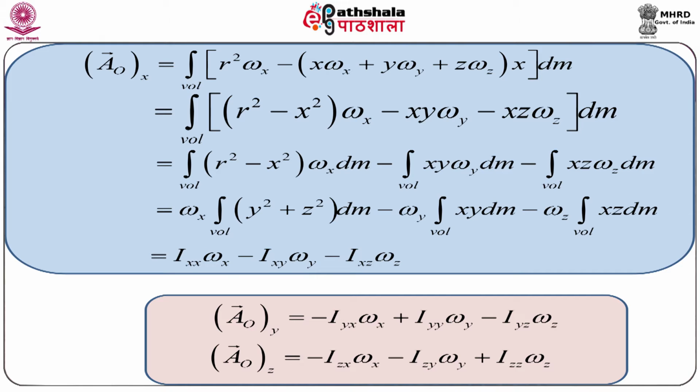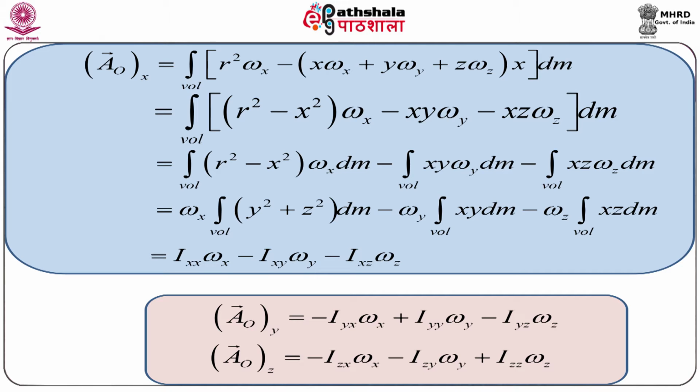In that case, we have angular momentum A vector suffix O, that means we are taking angular momentum about the point O. This is given by integration over volume r vector cross omega cross r. As this term vanishes, we have only this term. We have written this term here.